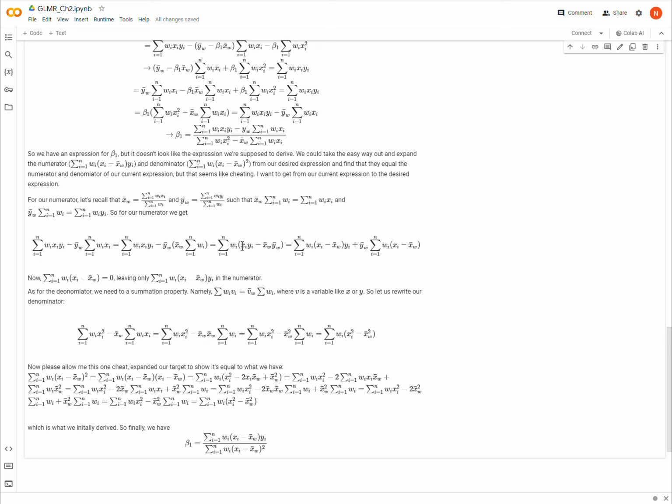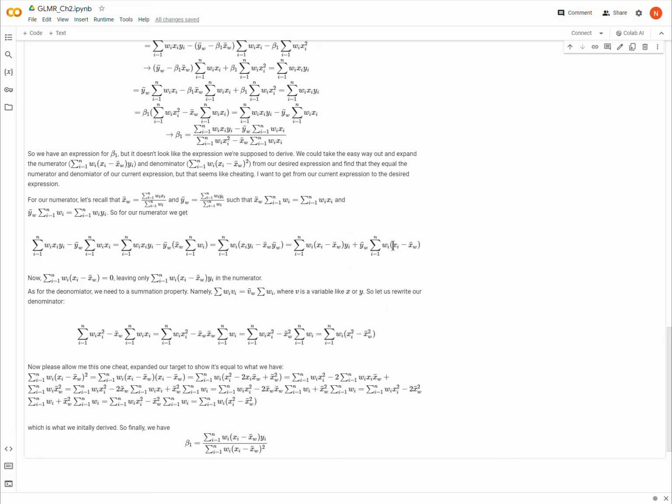And so now I get this xi and this x bar, y bar. Well, this expression right here can be written as this right here, right? So we have an xi minus x bar, and then I can just assign one of these yi and the other one y bar.